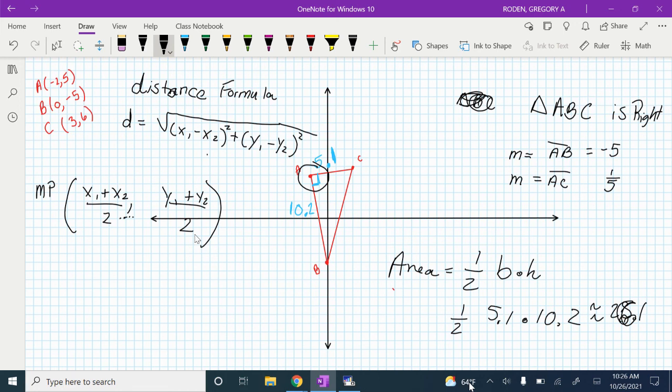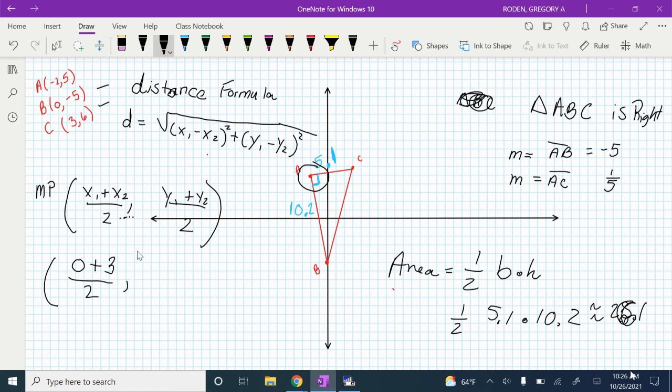Okay, so if we're using BC, we're using B and C, so we're using these 2 points right here. So what could we say that x1 is, class? 0 plus, what's x2? 3 divided by 2, right?